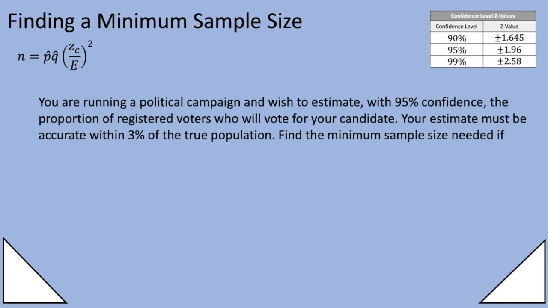So you're running a political campaign and you'd like to estimate with 95% confidence the proportion of registered voters who will vote for your candidate. Your estimate must be accurate within 3% of the true population. Find the minimum sample size needed if a preliminary estimate gives P hat equals 31%. Well, if P hat is 31%, we know that Q hat is 69%.